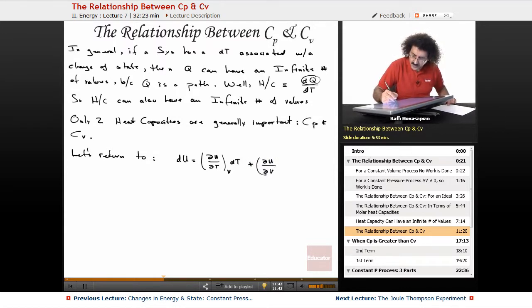Well, we also have dU is equal to dq minus dw, which is equal to dq minus P external dV.